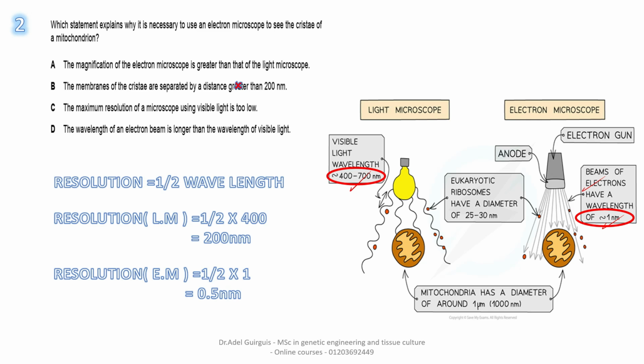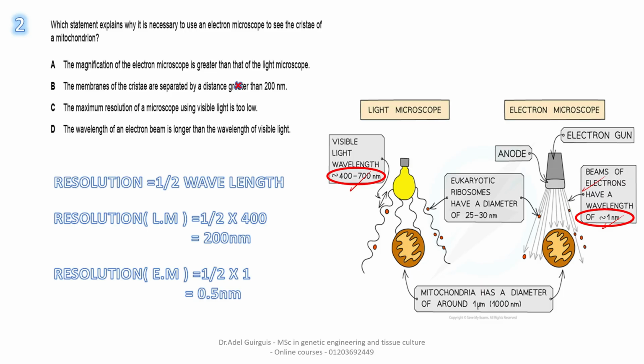Now, return to the choices. A: the magnification of the electron microscope is greater than that of the light microscope. The statement is right, but it is not the reason why we need an electron microscope to see the cristae of the mitochondrion. We need higher resolution power, because the cristae are formed of membrane.